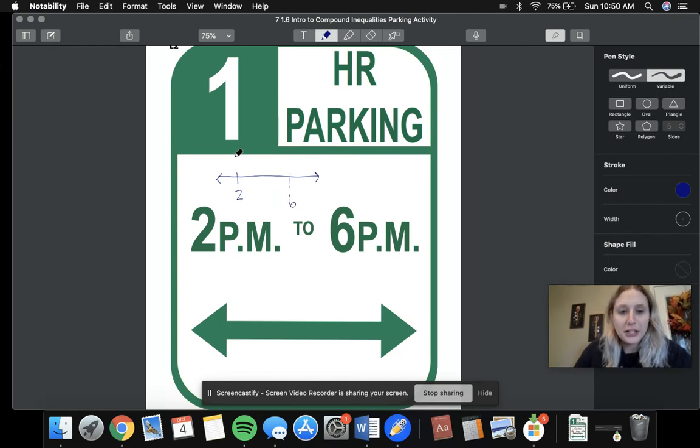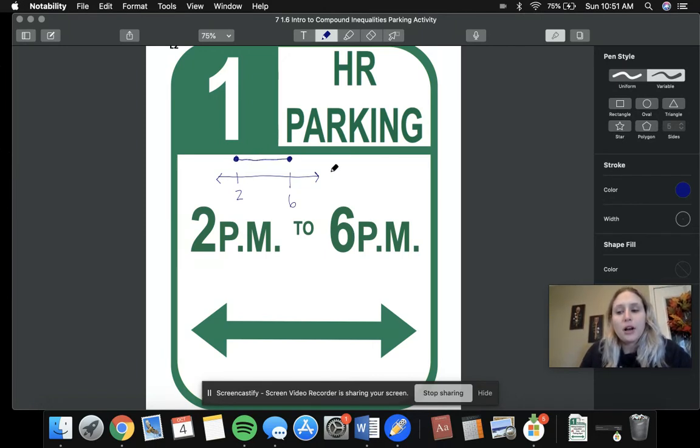Well, I could park at 2, and I could park 2 to 3, 3 to 4, 4 to 5, 5 to 6, but I can't park after 6. I could get in my car at 6 o'clock and leave. So this would be the graph for this inequality, anytime between 2 and 6.